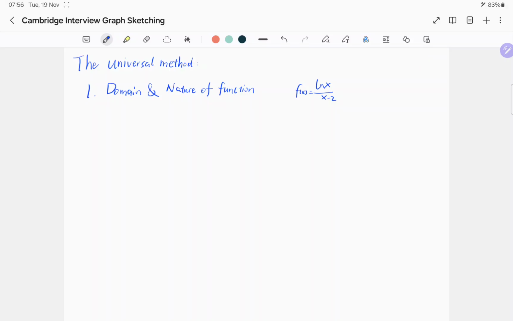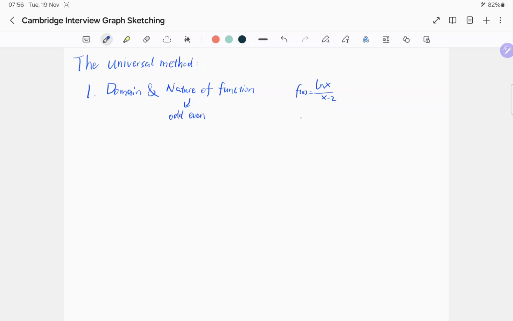And what about the nature of the function? Well, it includes whether it's an odd function or an even function. What's the point of finding that? It can reduce your workload when sketching a graph.